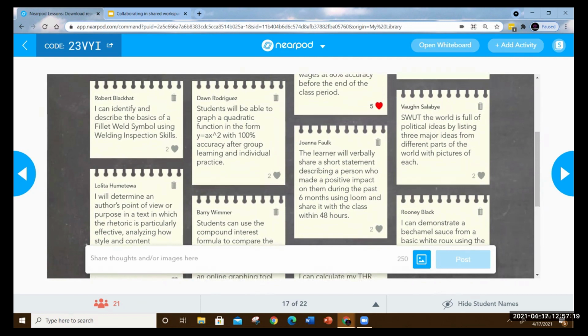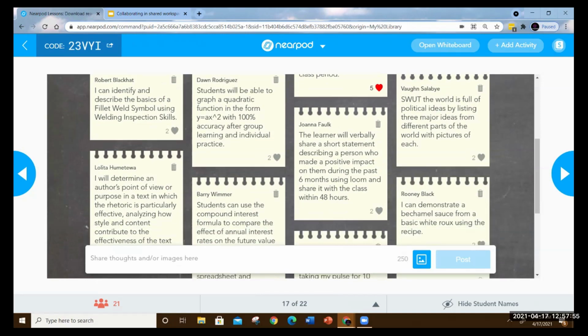And maybe then you could use the same target over 3 class periods, and each class period you could do 1 idea. And maybe students could identify one of the political major ideas that they relate to, because then that's meaning making. And include a picture, and then maybe with a caption under the picture, because then they can't just throw any picture up there. So you want to be a little more specific.